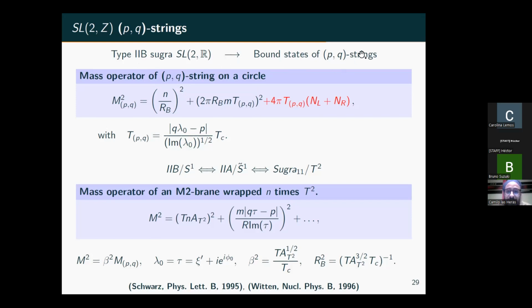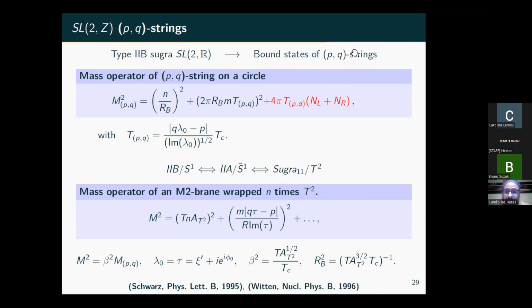conjecture the existence of what he called PQ strings, which are strings that have not only Neveu-Schwarz charges, but also Ramond-Ramond charges.